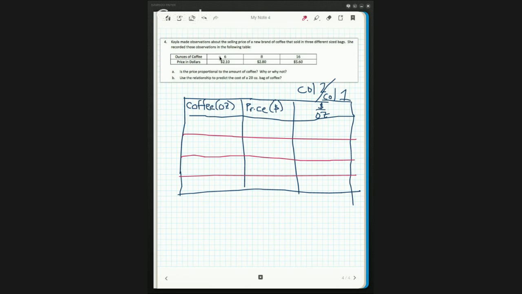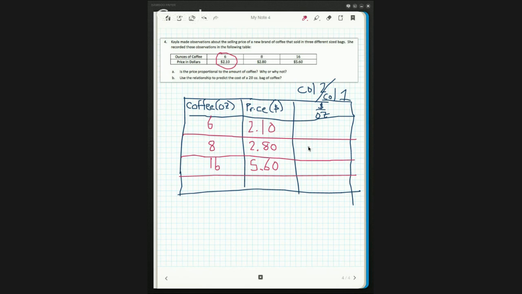So our first data point is this: 6 ounces cost $2.10. 8 ounces cost $2.80. And 16 ounces cost $5.60. So the question is, do we have a proportional relationship? And if we do, then we can figure out what 20 ounces of coffee would cost.